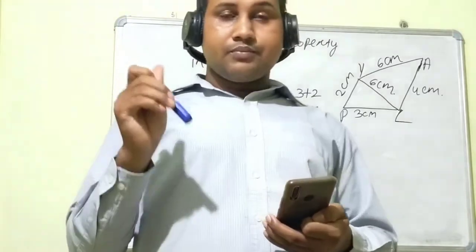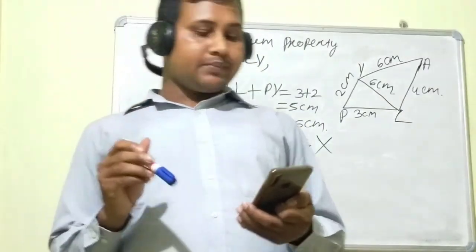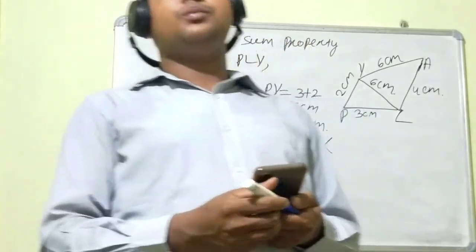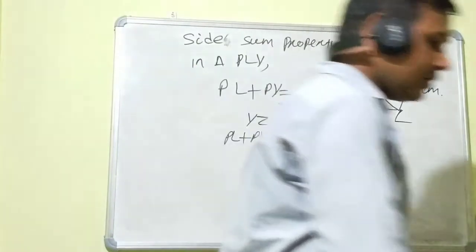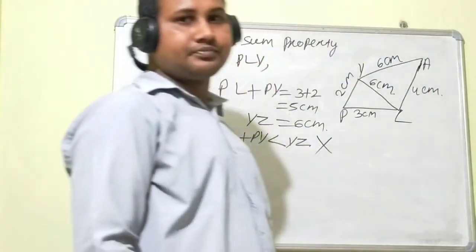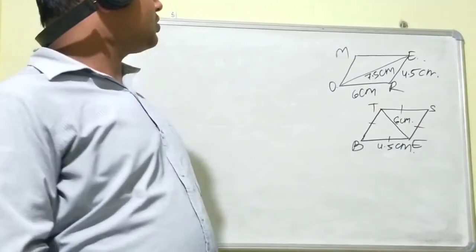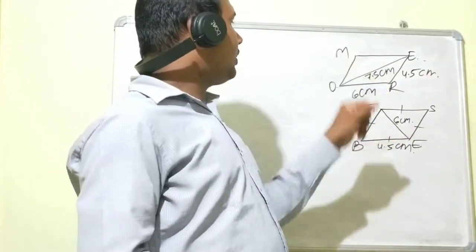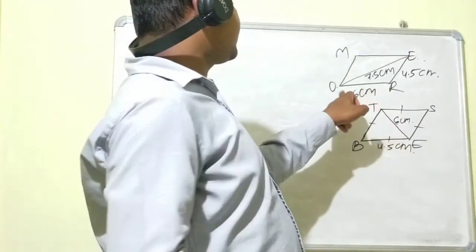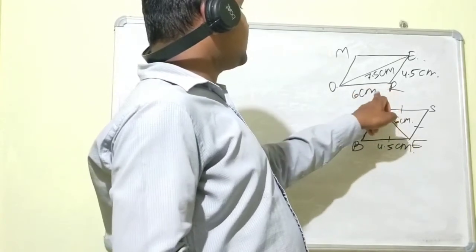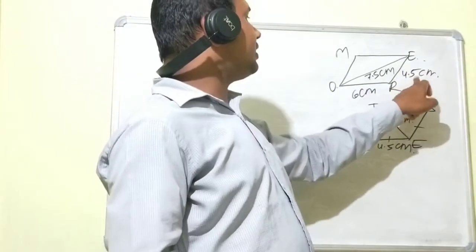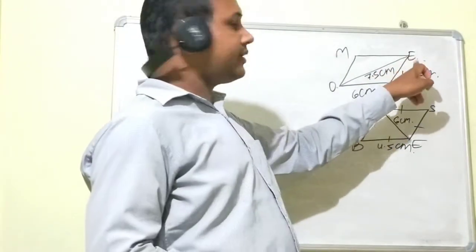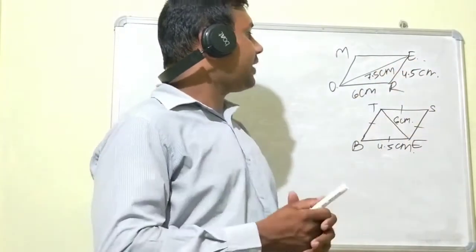Among the special features, one question is: draw a parallelogram MORE. MORE is a parallelogram where two adjacent sides are given, OR equal to 6 centimeter and RE equal to 4.5 centimeter, and diagonal OE is given 7.5 centimeter.